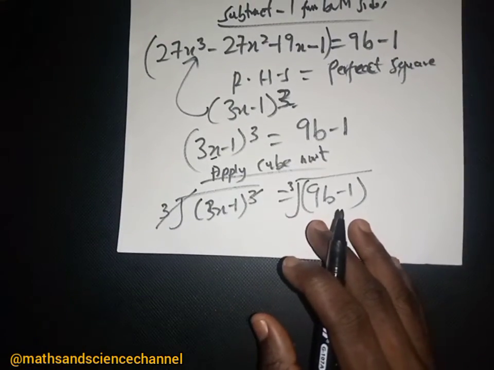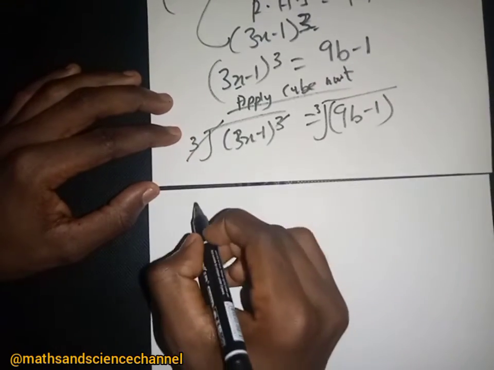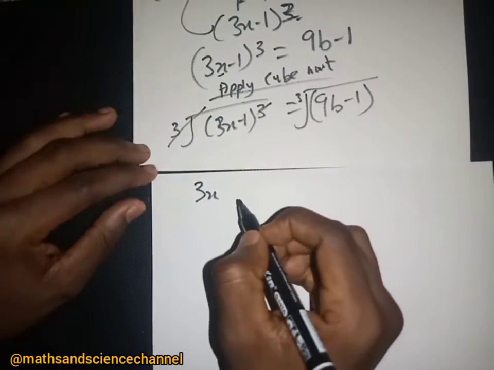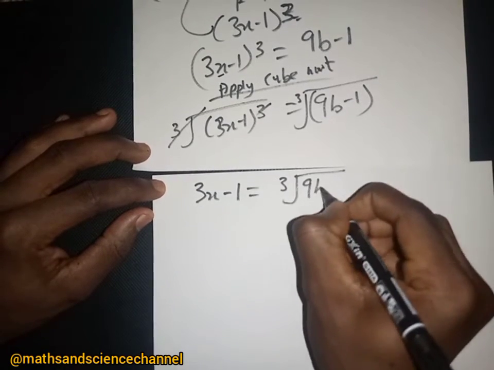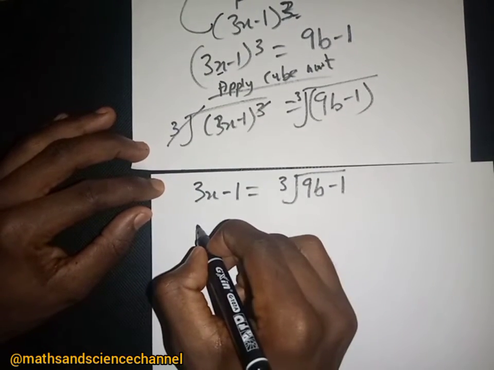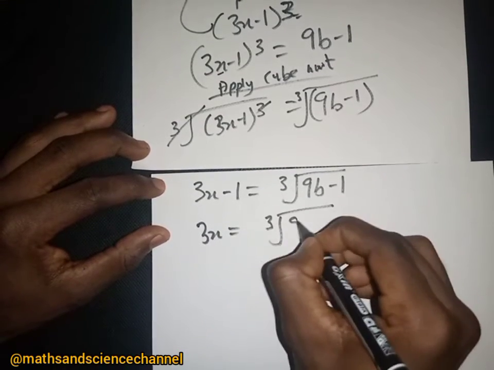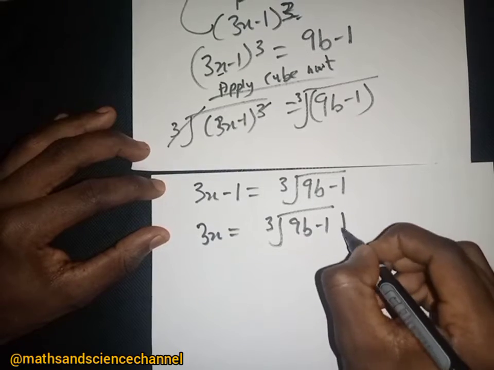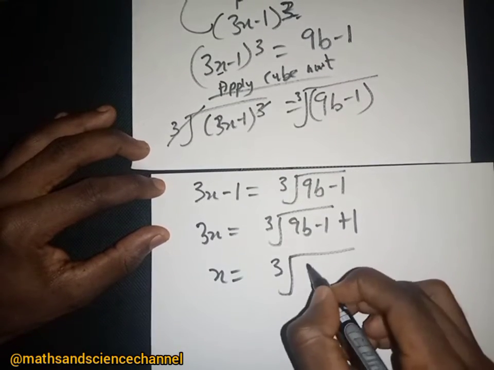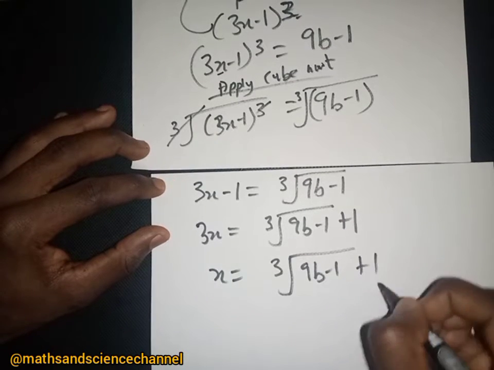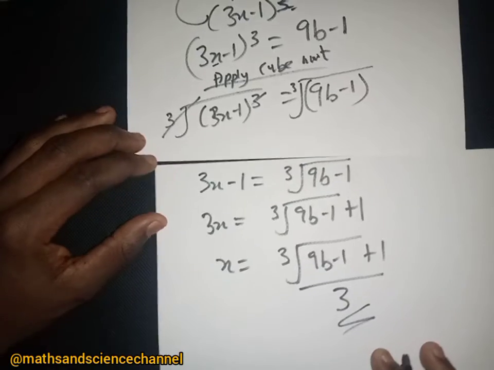Then from there we have 3x minus 1 being equal to the cube root of 9b minus 1. So 3x will be equal to, sending this to the other side, we have plus 1 here, then x will just be the cube root of 9b minus 1, plus 1, over 3, right? So this is what we have for x.